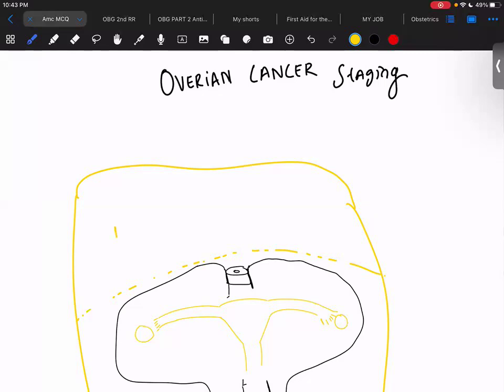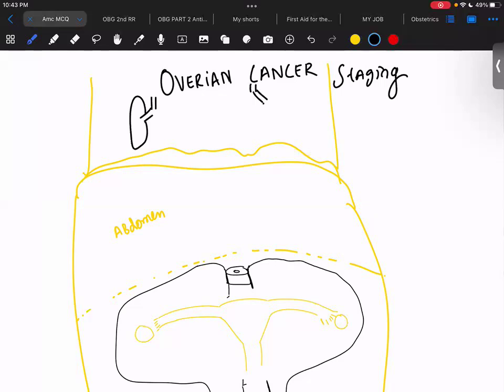This is basically the abdomen, right? And now this is the diaphragm, and above the diaphragm we have none other than our lungs, right?